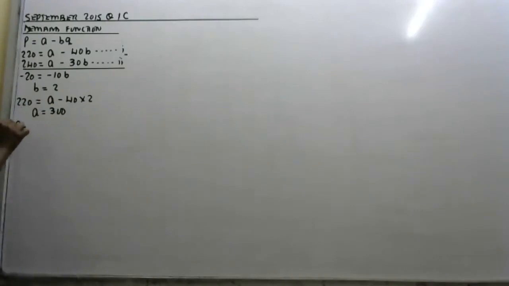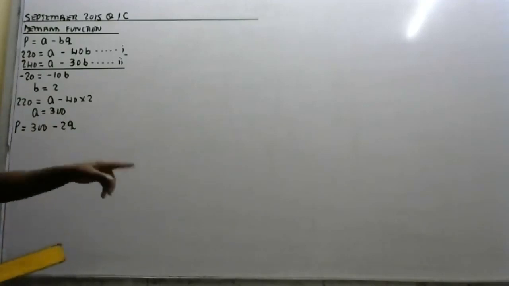So P is 300 minus 2, they have used Q. So Q. That is the demand function. So tumerudi kama pale tulikuwa kwa hiyo swali.